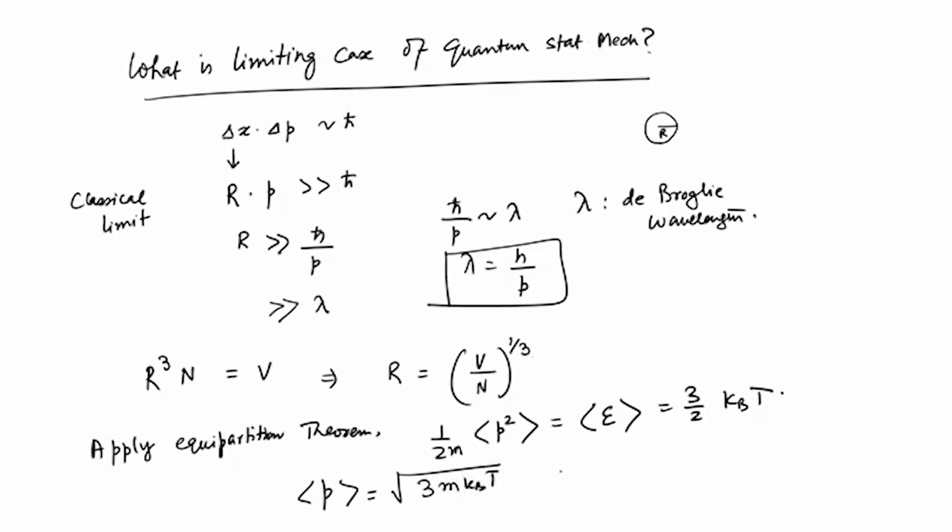So, this lambda that you get is h over p, which is h over root over 3 m kT.